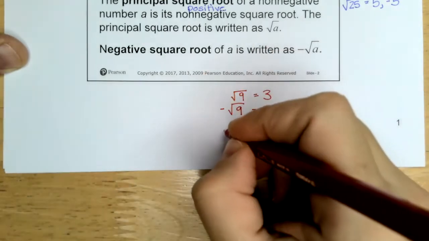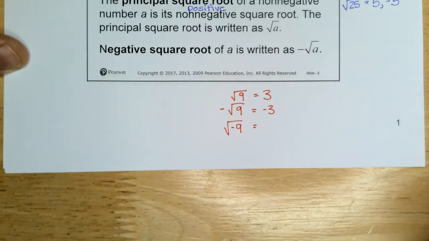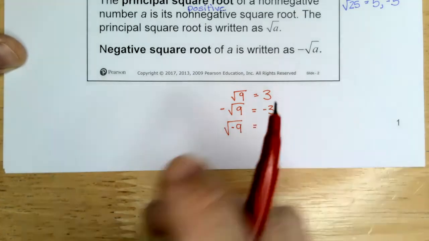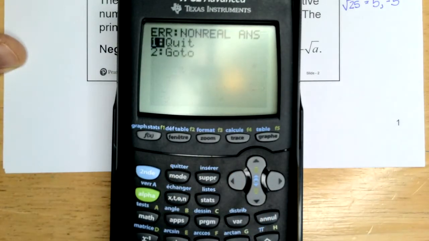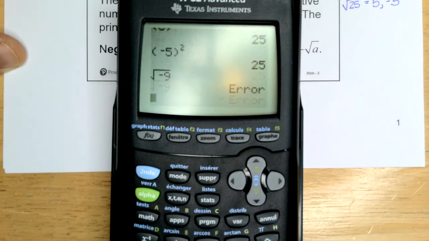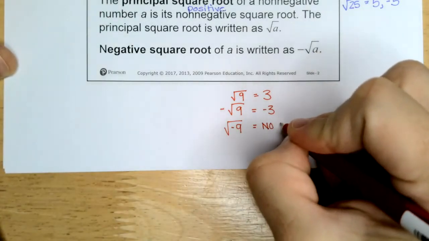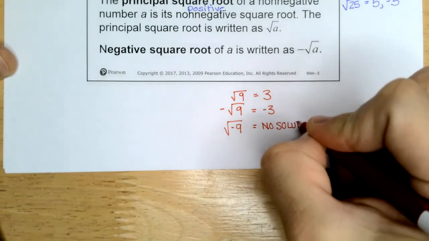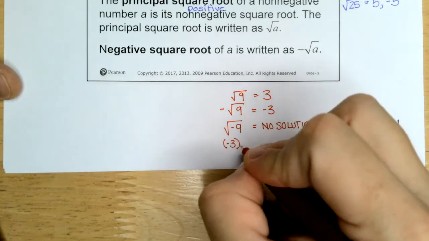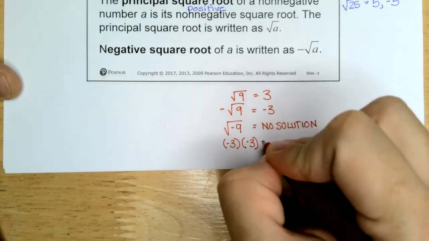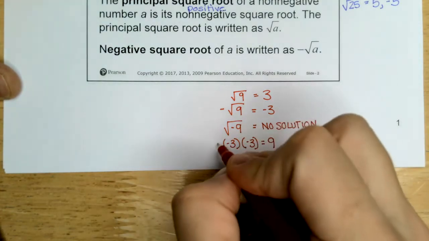Okay, but if you remember, we cannot ever put the negative under the radical, right? If I did this, it gives me a non-real answer and it's an error. There's no solution, because there is no number that I can multiply by itself and get a negative 9. Negative 3 times negative 3 is a positive 9.